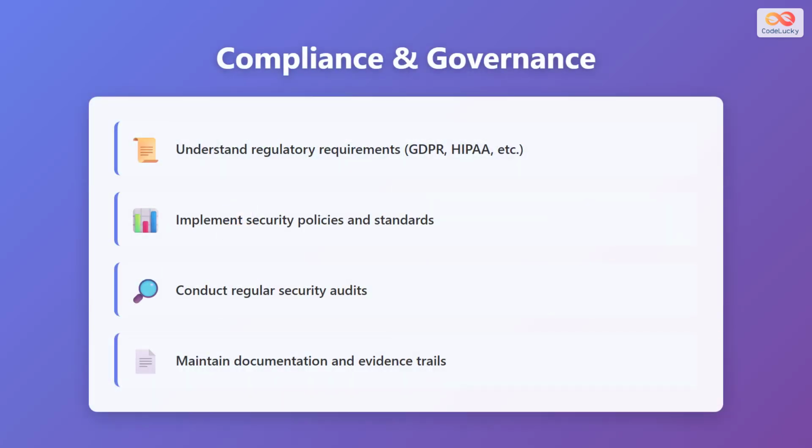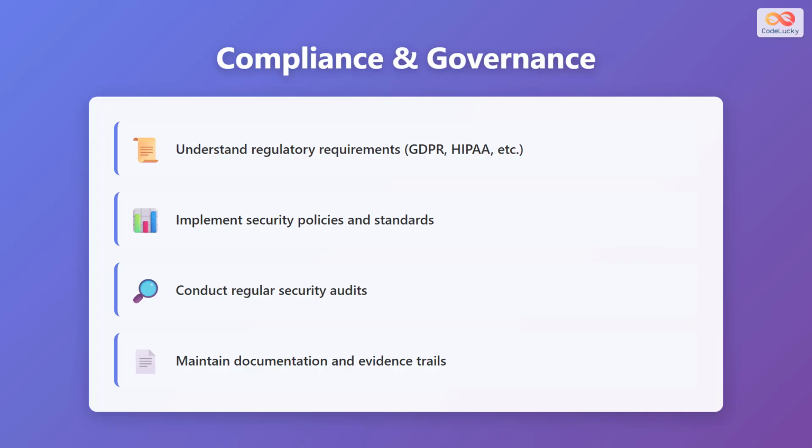Compliance and governance provide the framework for managing security responsibilities and meeting legal obligations. Start by understanding regulatory requirements that apply to your industry and geography, such as GDPR for European data protection, HIPAA for healthcare information, or PCI-DSS for payment card data. Each regulation has specific security and privacy requirements you must meet. Implement security policies and standards that document how your organization approaches cloud security, defining rules, procedures, and responsibilities.